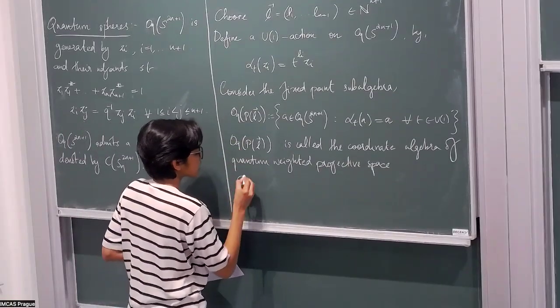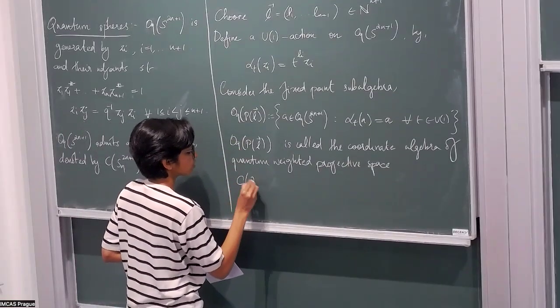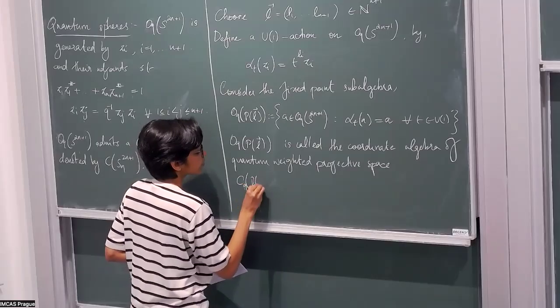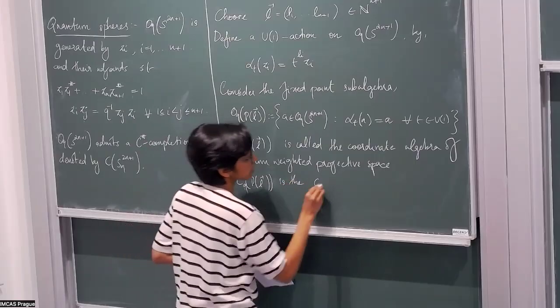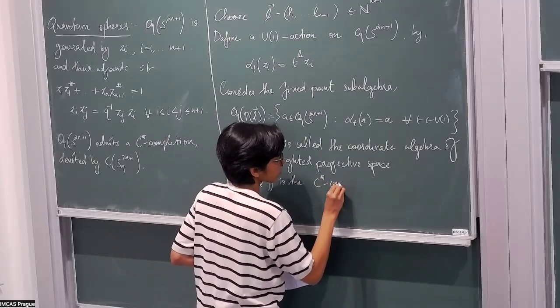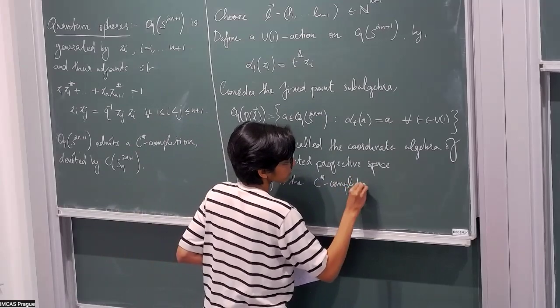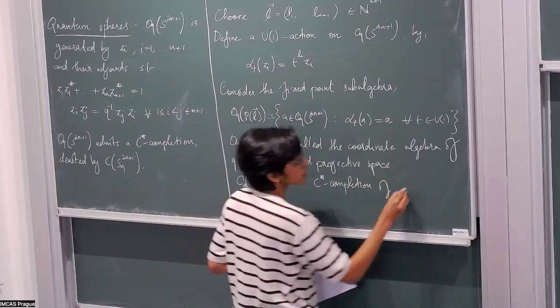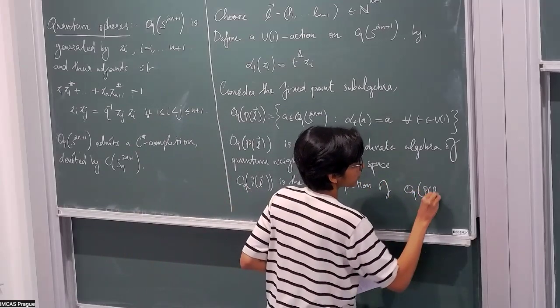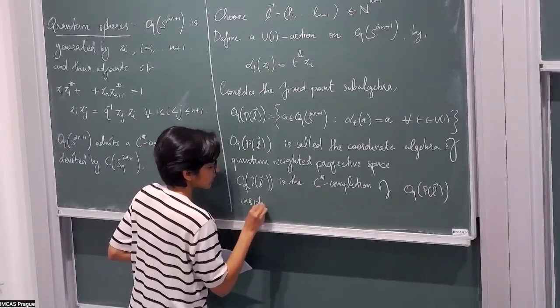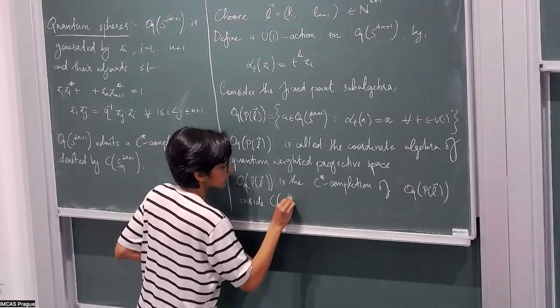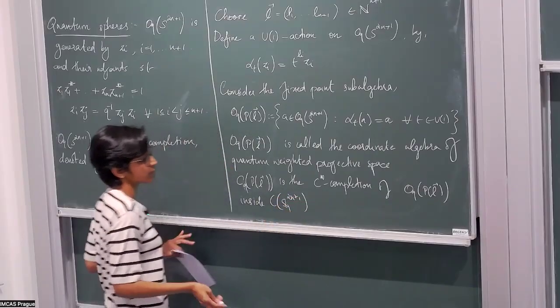So C_q(P(L)) is the C-star completion of O_q(P(L)) inside the quantum sphere.